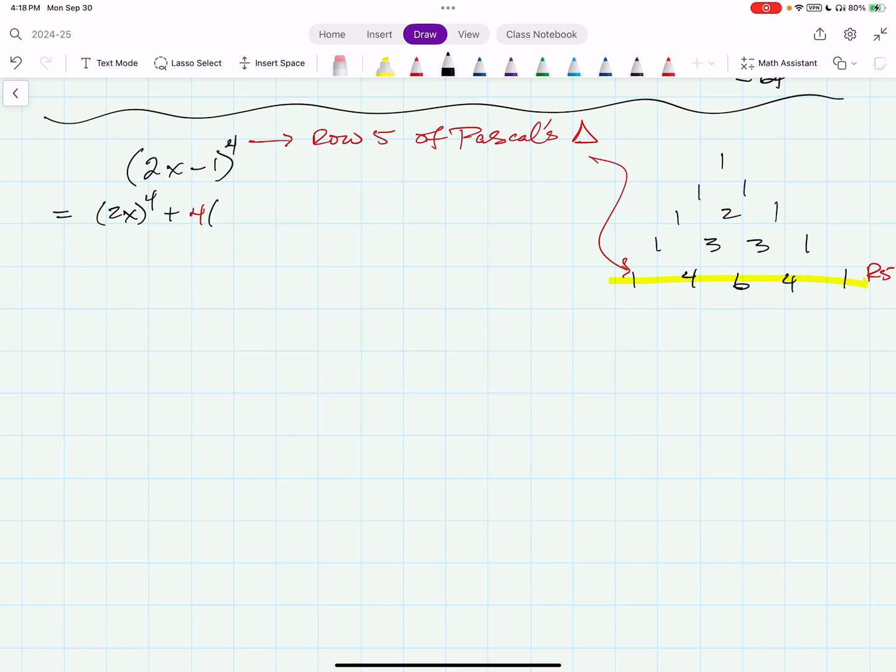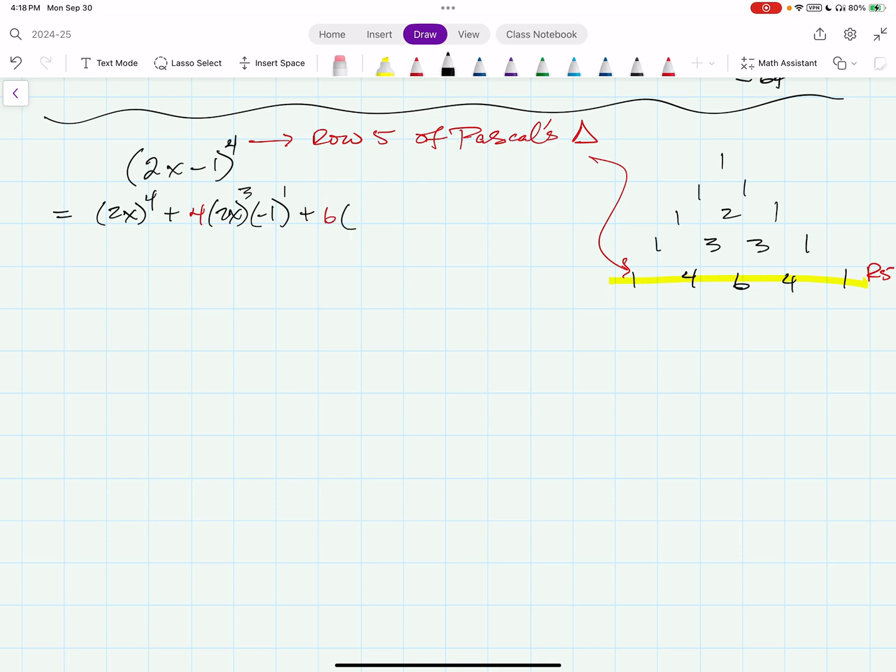Times your 2x to the third power. Remember, they go down. The exponents of the first term decrease by 1. The exponents of your next term increase by 1. And the next term is minus 1, and I have to take that to the first power. All right, plus, and I'll simplify later. I'm just going to expand it right now.